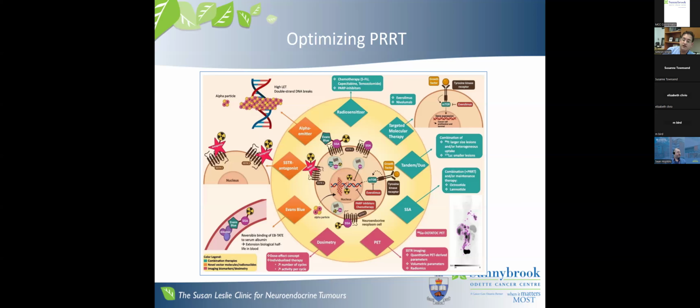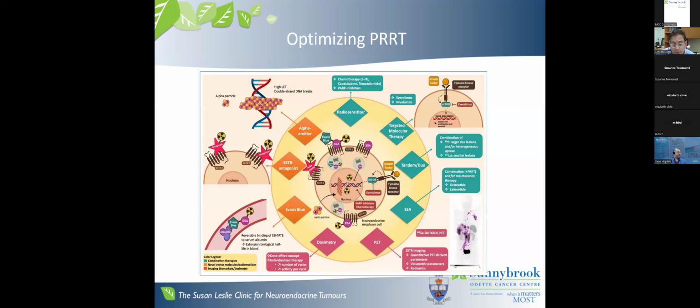The doses of much of RLT have been based on standard organ numbers that we get from external beam radiation. But there was a really nice paper in JCO recently that tried to refute this, showing how the rate-limiting toxicity may be very different with radioligand therapy versus external beam radiation, and we may be losing a chunk of efficacy in that regard.